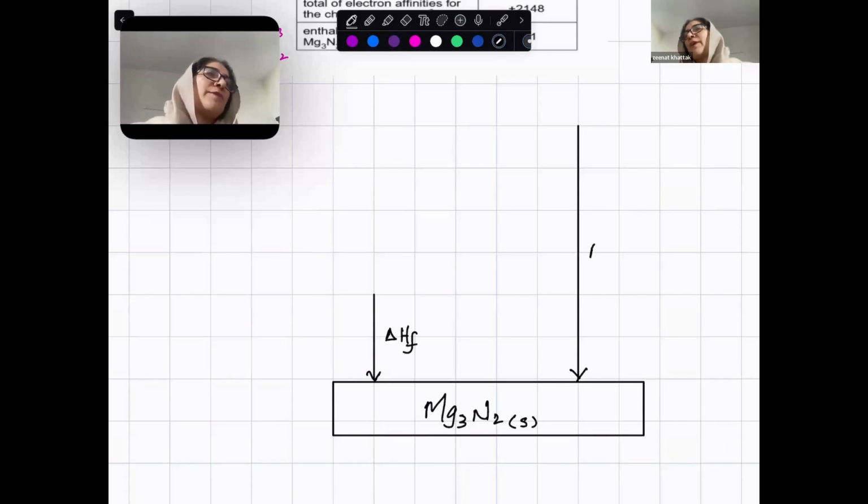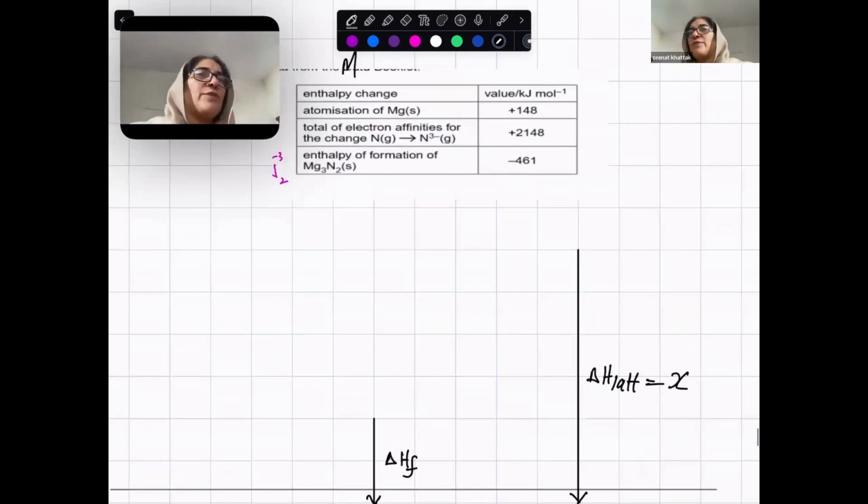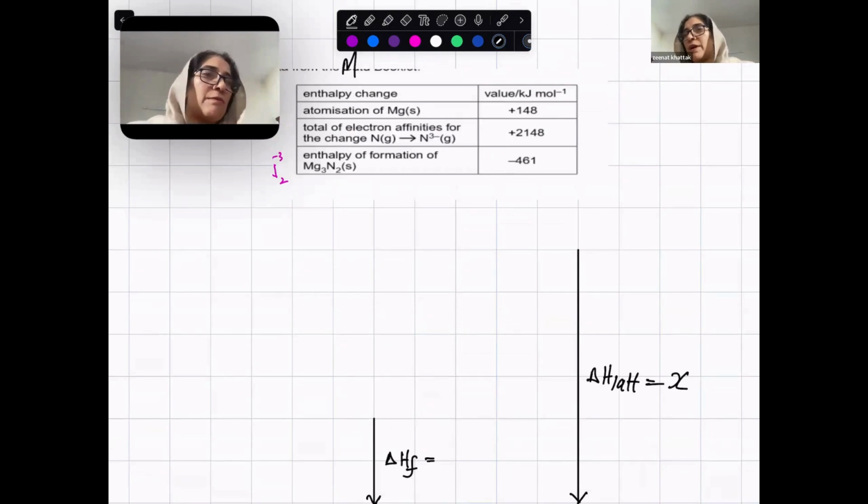Its formation and its delta H lattice are what you want to find out. The formation is given in the question: minus 461.